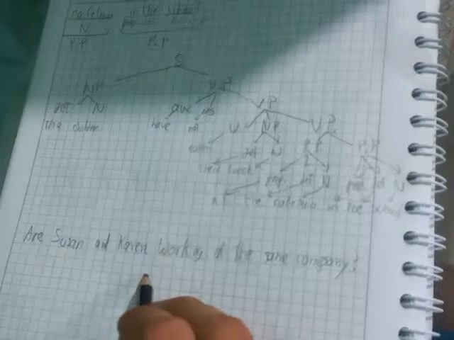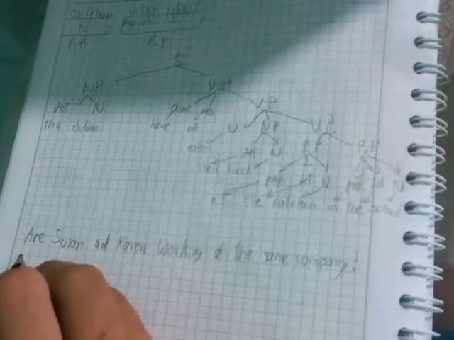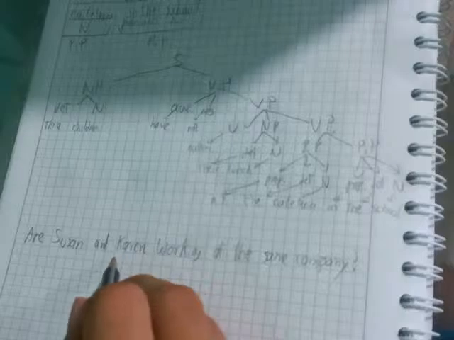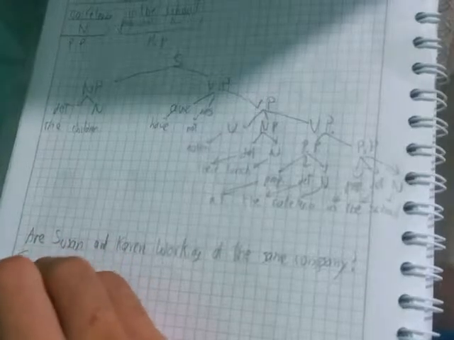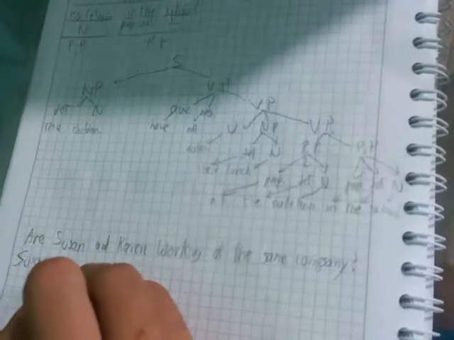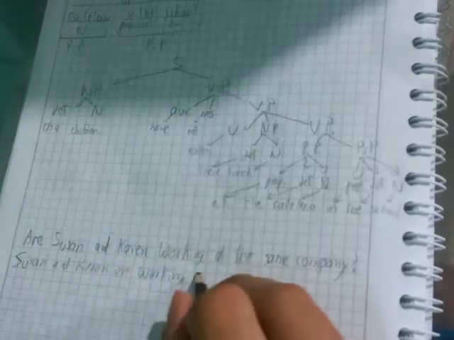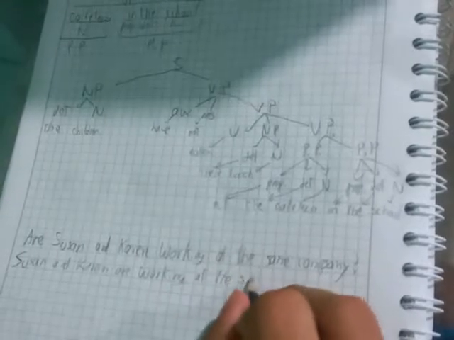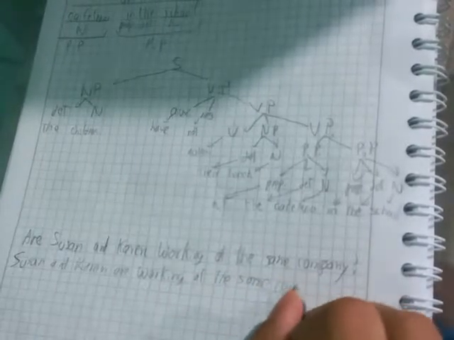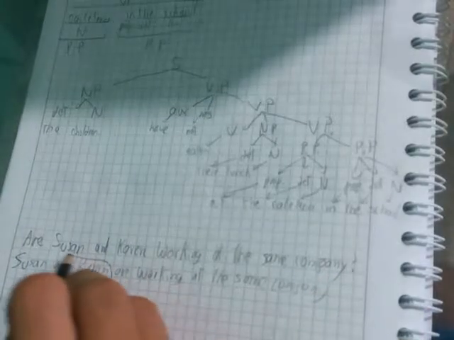The trick that commonly happens here is that we transform these sentences from interrogative to affirmative. Then: Susan and Karen are working at the same company. Then we divide the sentence in the noun phrase and the verb phrase.